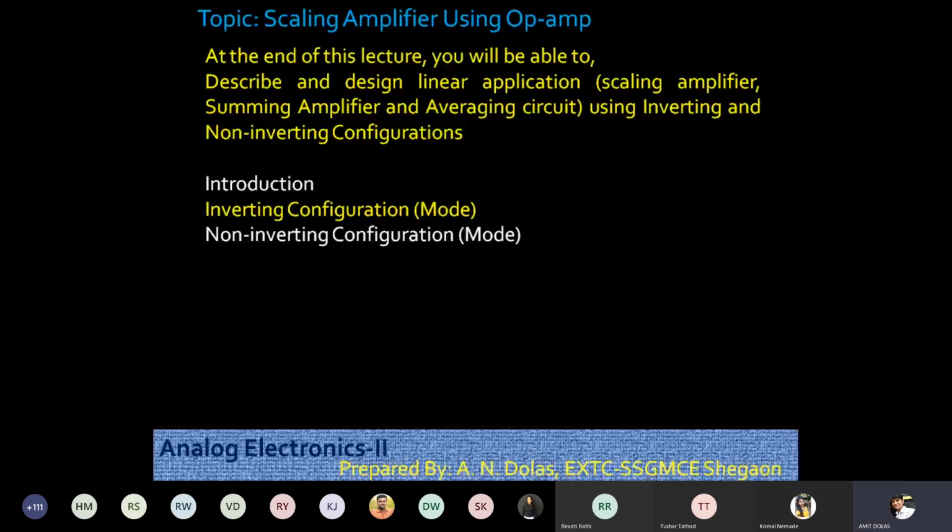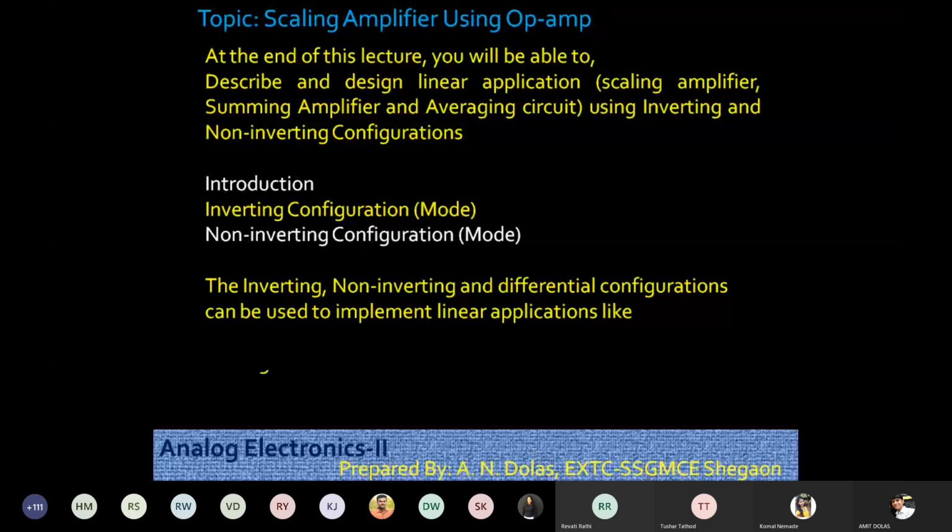The inverting, non-inverting, and differential configurations can be used to implement linear applications like scaling, summing, and averaging. You know what is scaling? If we multiply a certain thing by some constant, say 0.2, 1.5, 1.8, 3.2, or say 5 or 10, that will be the scaling.